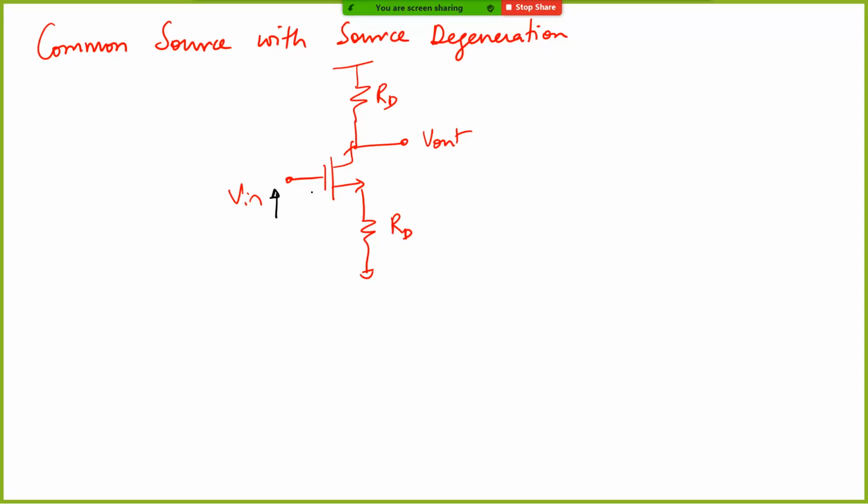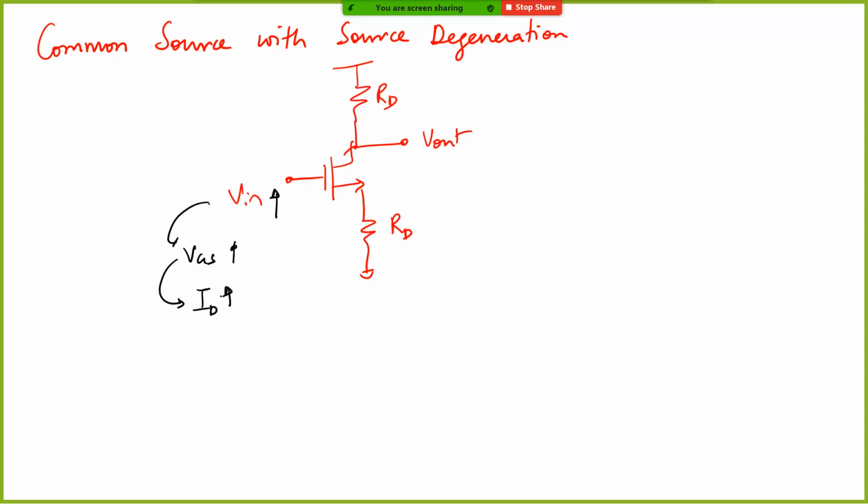Now the VGS of this transistor will increase, because assuming the source is at the same potential, your gate alone has been increased. So your VGS has increased. Now if the VGS of the transistor has increased, this will lead to what?